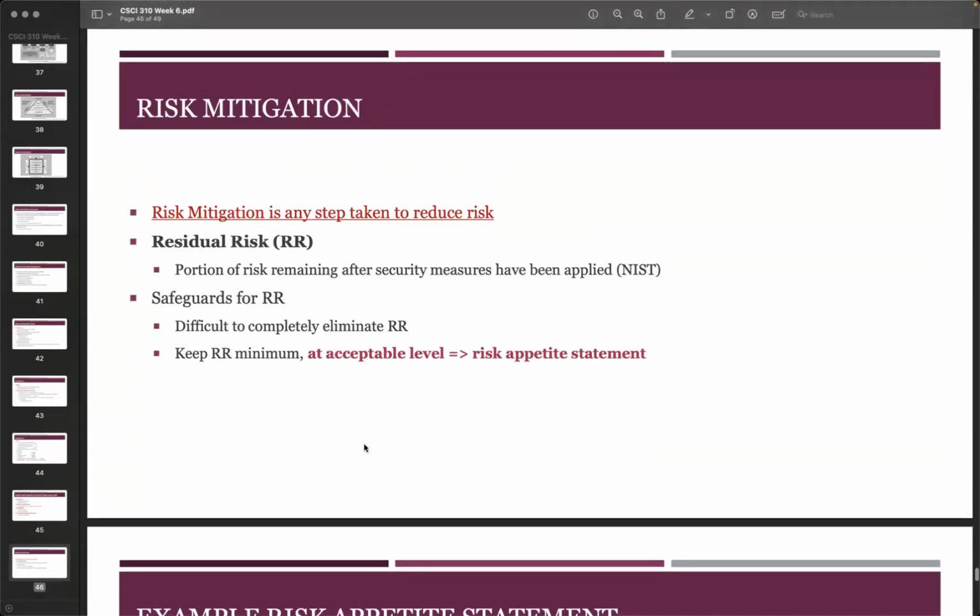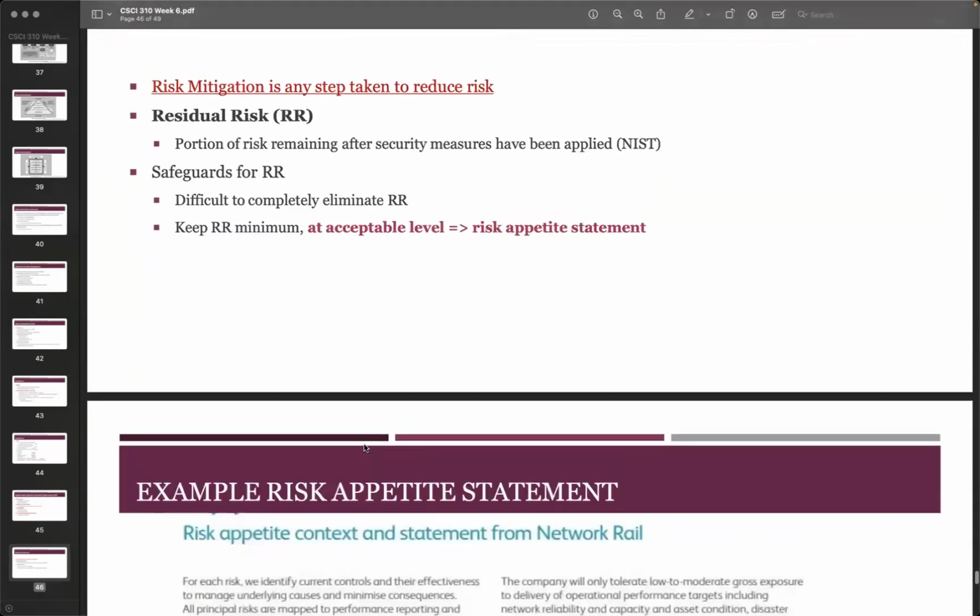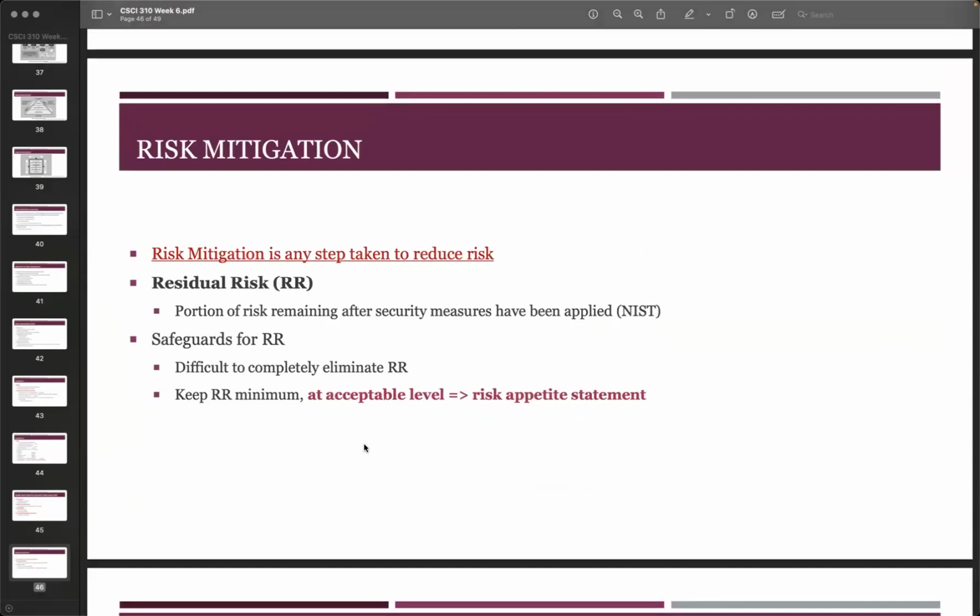And then the last part, we try to cover this one: risk. Mitigation is any step taken to reduce the risk. Residual risk is the portion of risk remaining after the security measures have been applied. So we still have some possible risk.